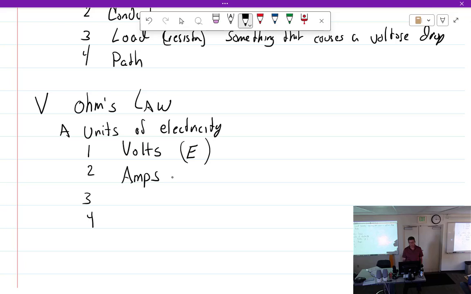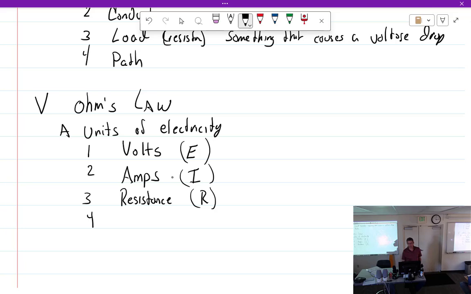Its symbol is I. We have ohms, which is resistance. Symbol is capital R, measured in ohms.